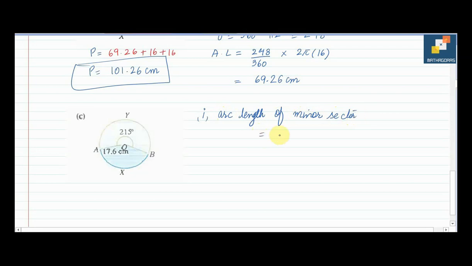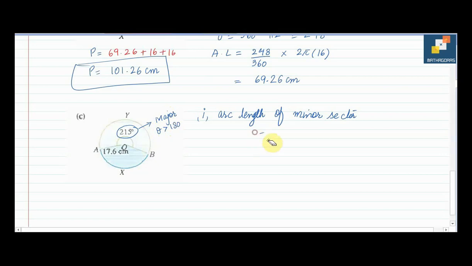Now what is the angle of the minor? 215? No. 215 is basically the angle of the major sector, because when theta angle is greater than 180, it is a major sector, as we had discussed in the first class of sectors, right?